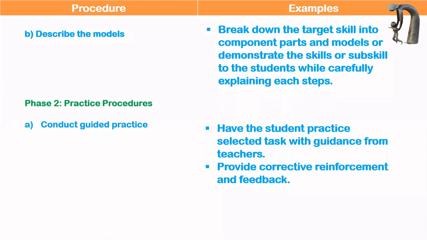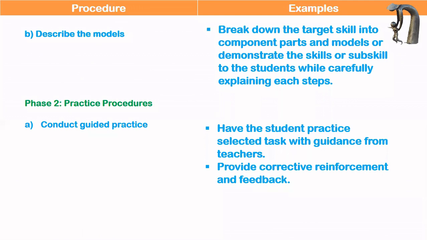So in phase two, practice procedure, we have another similar step which I told you, conduct guided practice. In this, the student must practice those particular objectives, the task, with the guidance from the teacher, and the teacher must provide corrective reinforcement and feedback.